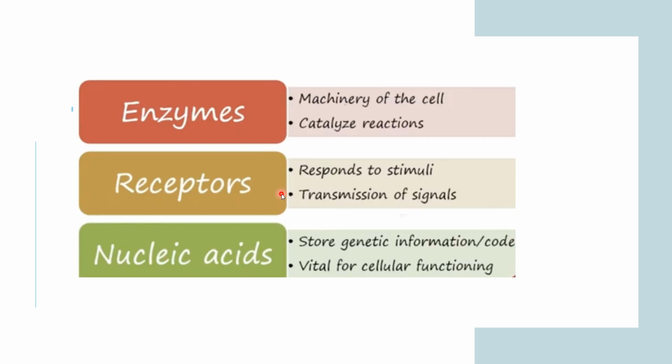And then the transmission of signals is done by receptors. Nucleic acids store genetic information code. As we know, DNA and RNA are the nucleic acids. So it is vital for cellular functioning. Obviously it is very important for your cell to function. So these three things are important when you are going to think about drug action and drug discovery.